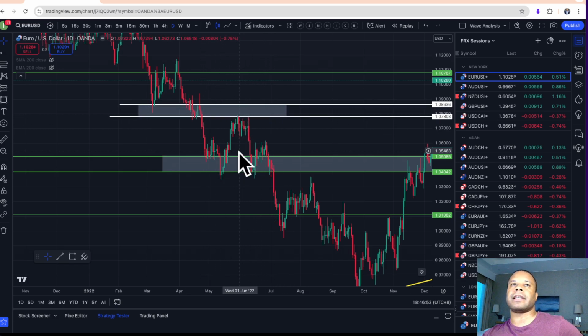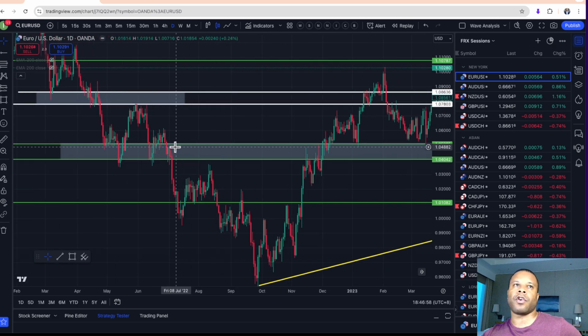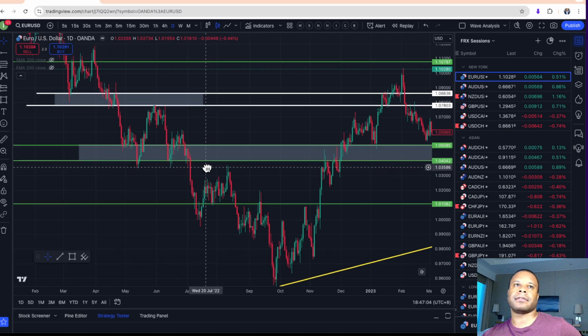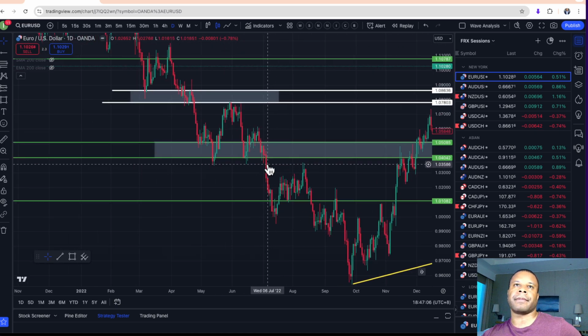Wait for the market to come to these areas. Like I said, normally it's best to wait until it exits the zone, and then you look for the confirmation to see if it makes sense to either buy or sell. Even here, wait for this zone to exit, and you can either buy. Most likely when it exits here, you're going to be looking to sell.